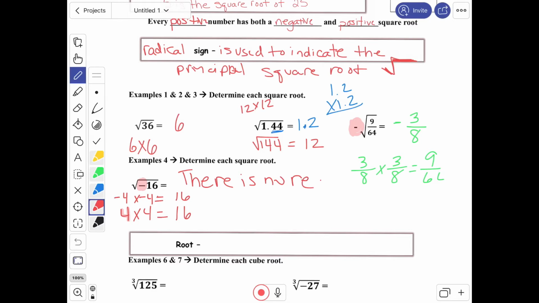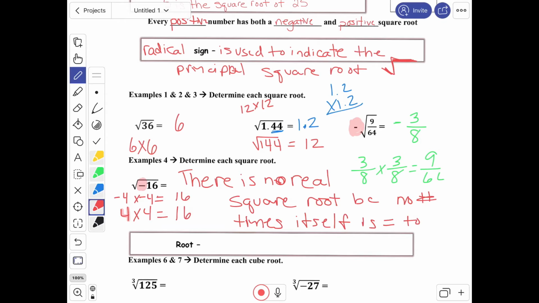So there is no real square root, because no number times itself is equal to a negative.